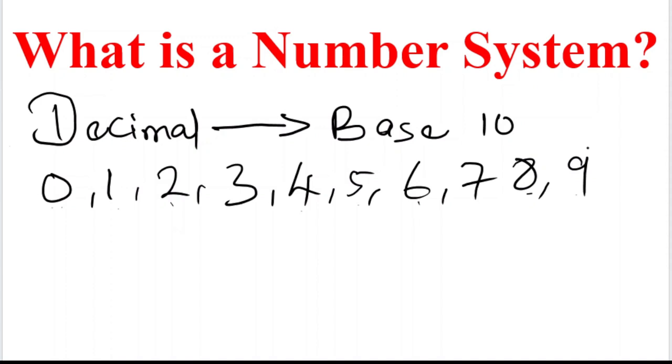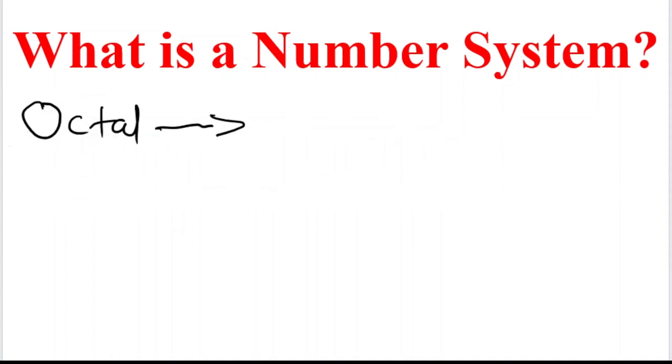Okay, so another type of number system you need to be aware of is the octal number system. Octal. When you hear octal, what also comes into your mind? Think about octagon, which is base 8 number system. It's a base 8 number system.